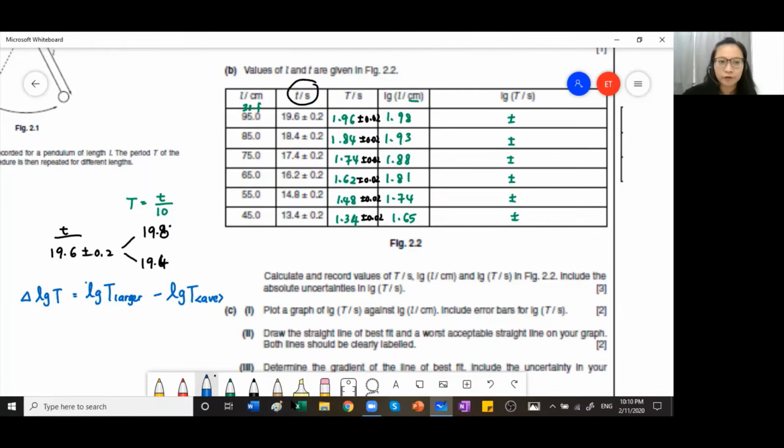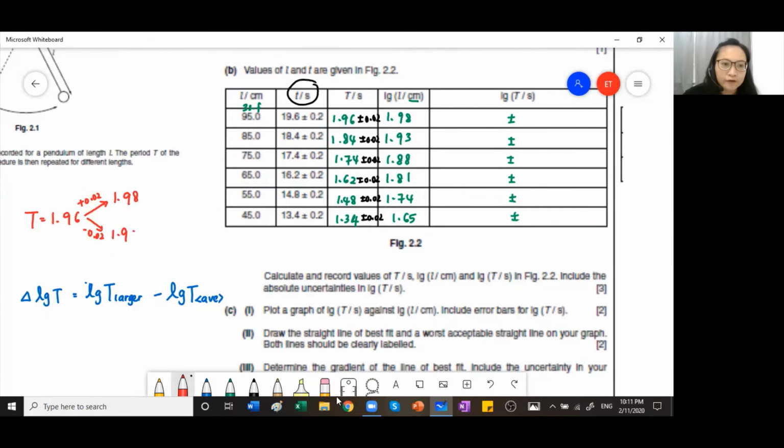This value is the average value of the period that spreads between two extreme values, plus 0.02 and minus 0.02. So that means you have 1.98 and 1.94.